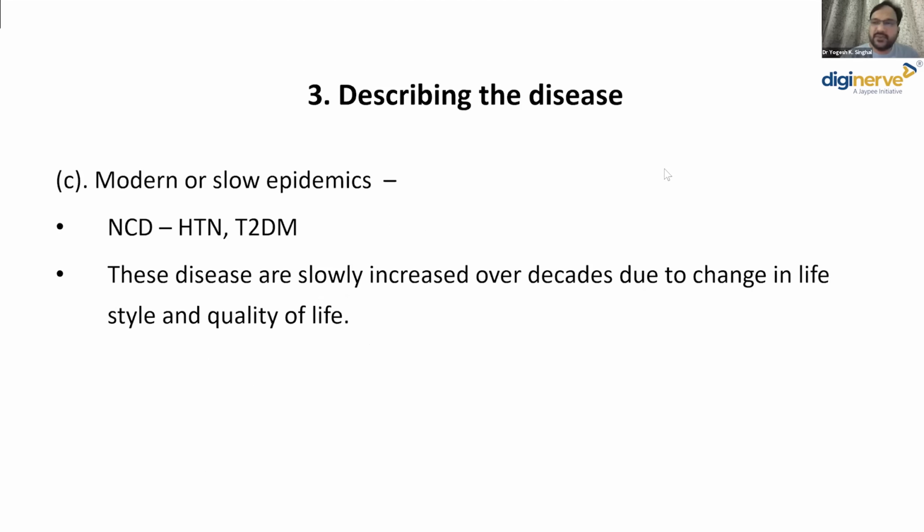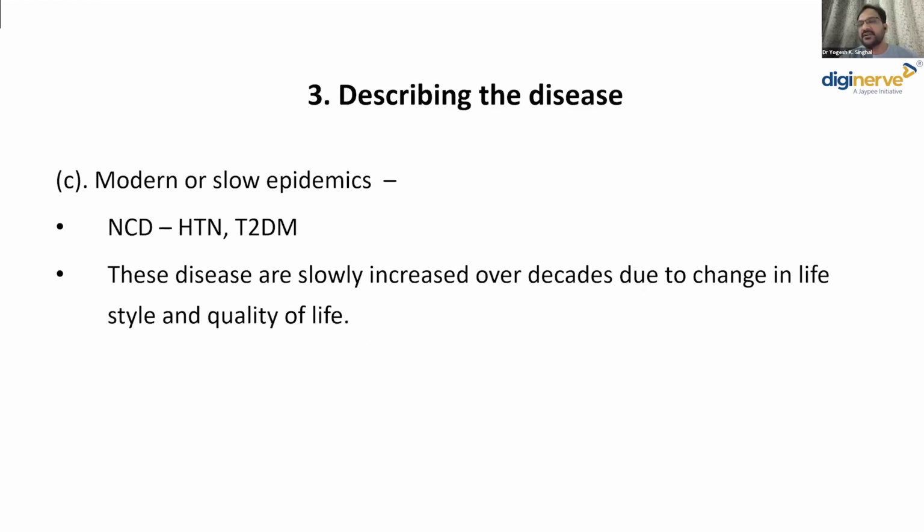Now, modern epidemic or slow epidemic. NCDs, non-communicable diseases, are called modern epidemic or slow epidemic, because these cases are also increasing, not as much as in COVID, not as much as in tuberculosis, but these cases are increasing over the decades. Before 30, 40 years, there were fewer cases of hypertension.